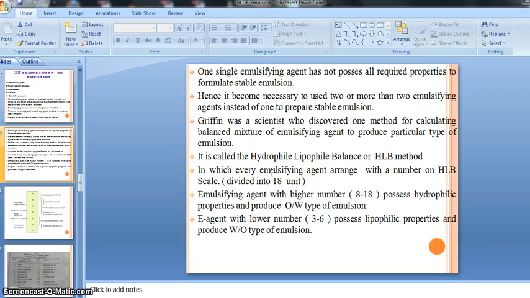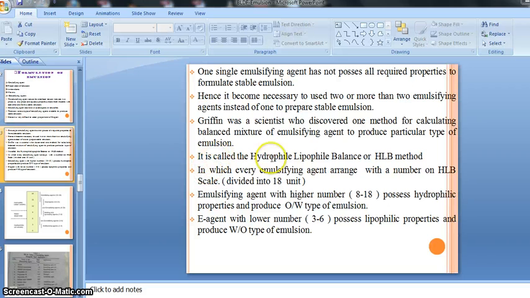If we need to prepare an OW type of emulsion, we go through this scale and easily find the emulsifying agent. If we are going to prepare a WO kind, we also follow this balance and this method.